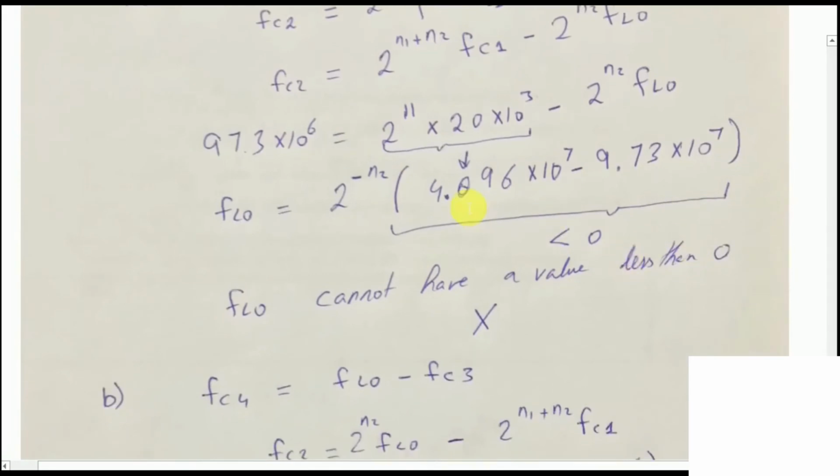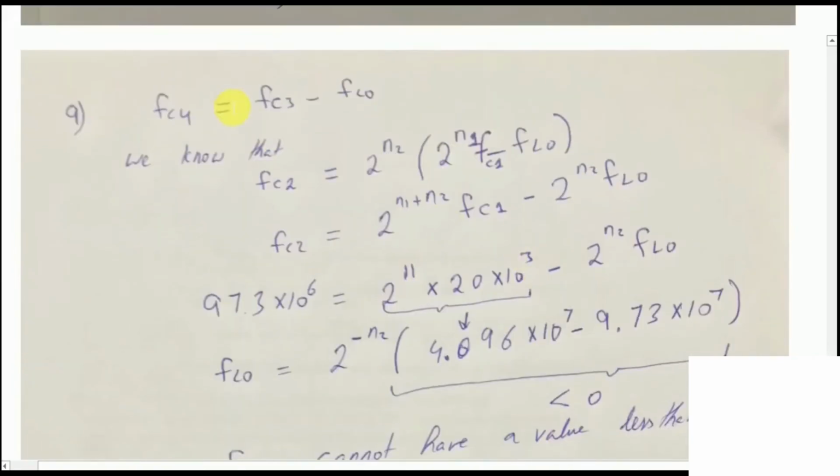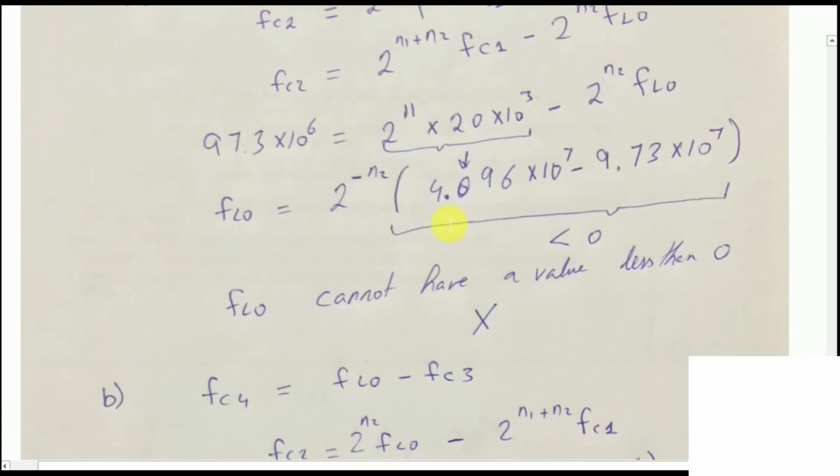You can observe that this number is smaller than this number, so overall this whole thing would be negative. If this whole thing is negative, that means the frequency is negative, and that is not a solution. So the first option, you can reject that. We cannot work further, as the local oscillator is giving us a negative value, right?